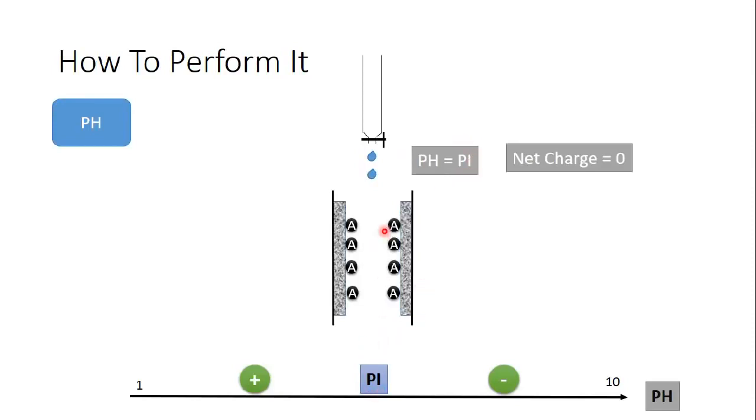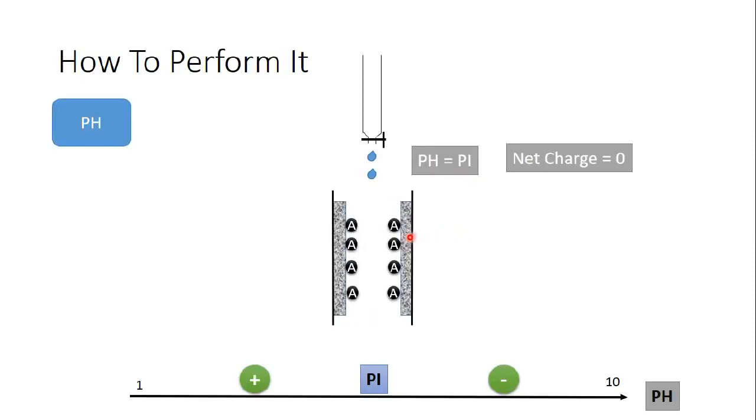In this case, because the protein binds to substance A, the bond between the protein and substance A is a polar bond or an ionic bond. So when the protein has a net charge of 0, it cannot bind anymore to substance A, and it will be washed out. This is pH. We simply have to apply a solution that has a pH equal to the pI of the protein of my interest.